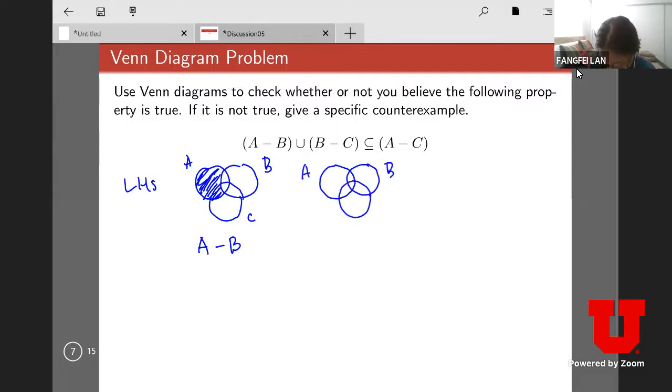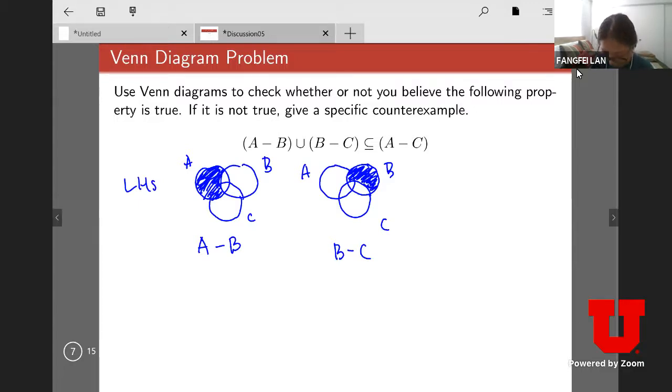A, B, C again. So what is B minus C? When an element is in B, but not in C. Right here. I'm trying to color them so it's clear. Okay.